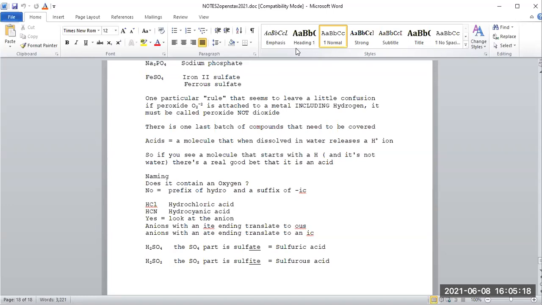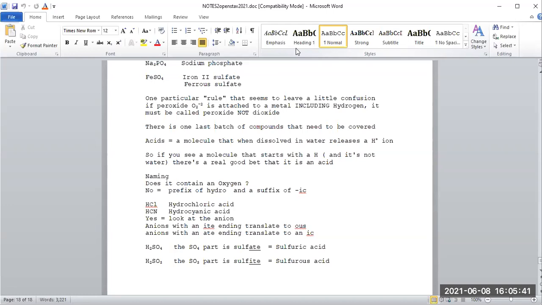I gave you two examples there. Hydrochloric, the stuff that's in your stomach, has one atom of hydrogen and one atom of chlorine. It's an acid, but it has no atoms of oxygen present. This is part of the reason we call it hydrochloric acid, because chloric acid is actually something different.